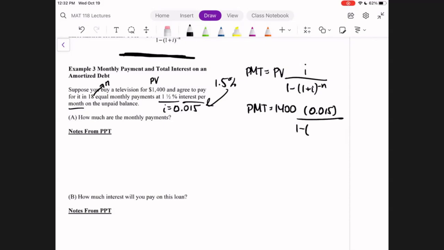And then you have 18 equal payments. So you want to key all of this in, and let's see what we get here. So we have 1,400, and then we have that fraction.